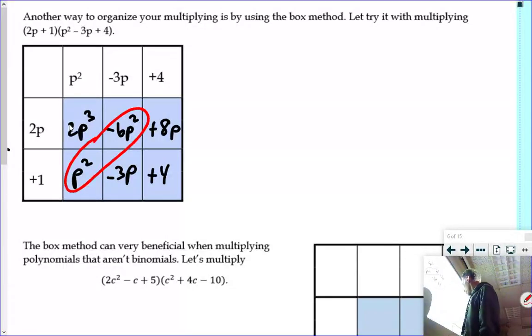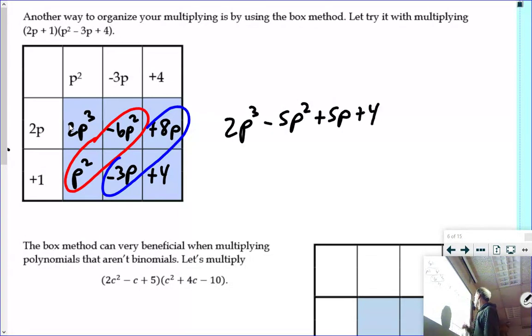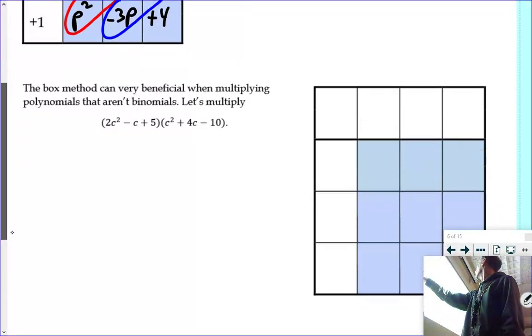So we got our p squared terms here, and we got our p terms here. So my final answer, 2p to the third minus 5p squared plus 5p plus 4. And whether you did it vertically or by distributing, you get the same answer.